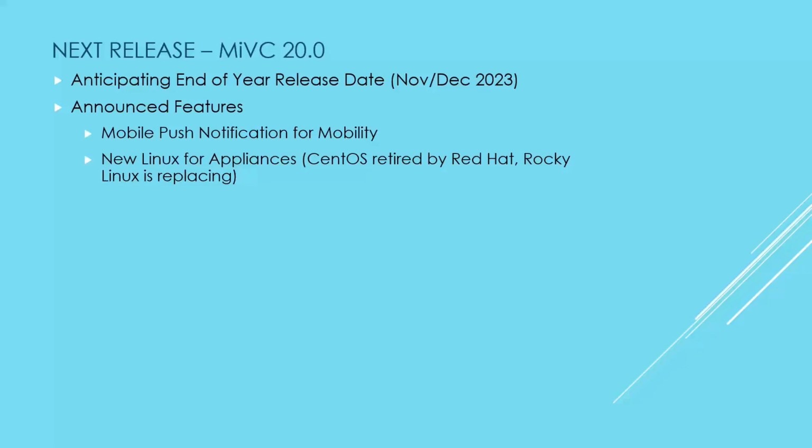So Mitel is moving that over to what's called Rocky Linux, which is designed to be a replacement for CentOS, a more enterprise-focused, stable, Red Hat Enterprise Linux-based distribution that is going to be maintained by the community going forward, since Red Hat announced their changes.